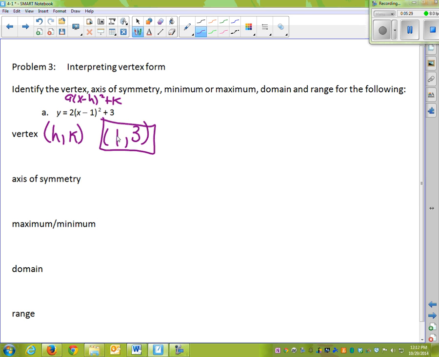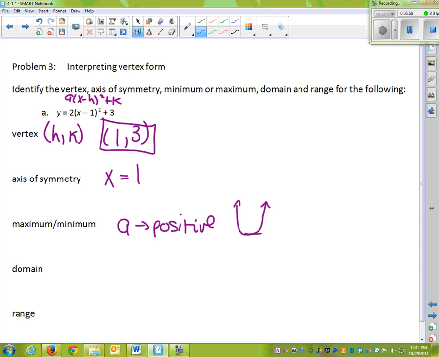Axis of symmetry is the line that goes through the x value of the vertex. Will this be a maximum or a minimum value? This can be told by the letter a. If a is a positive number, then your graph opens up. I always say positive people smile, so I draw a smile, it opens up.